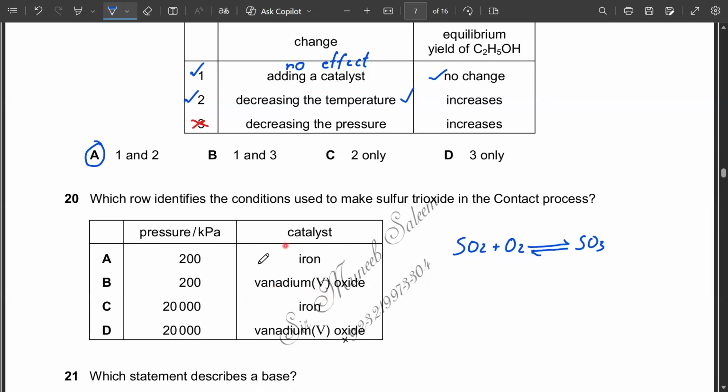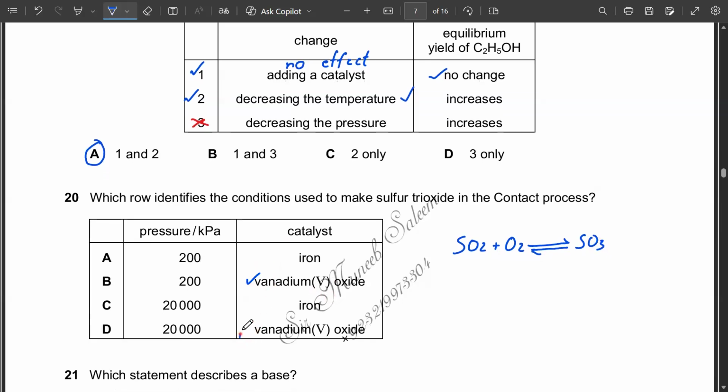This is used in the contact process, and along with that, you should be very careful in the selection of the pressure, because the Haber process requires this much value, 20,000 kilopascal. This is for the Haber process, and for the contact process, this is the value 200 kilopascal.